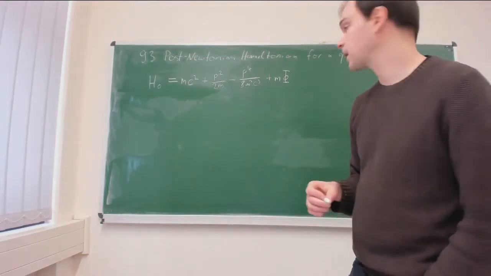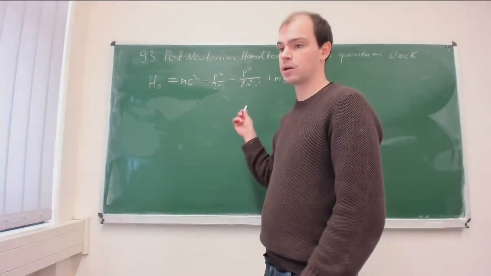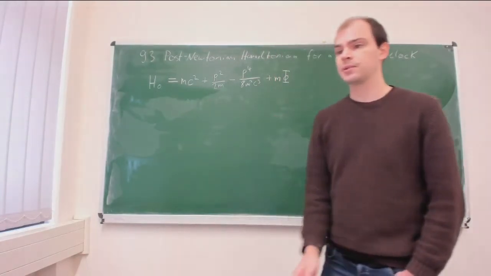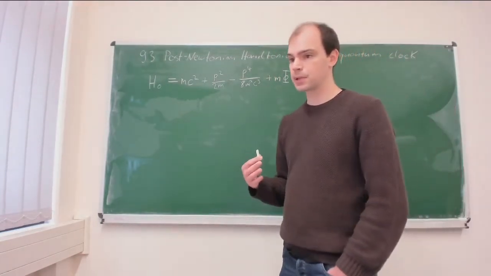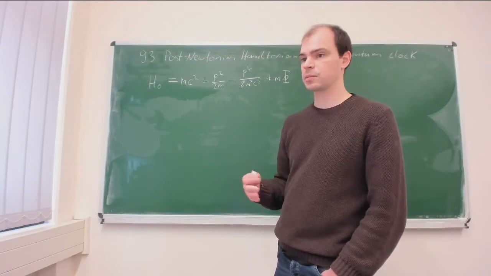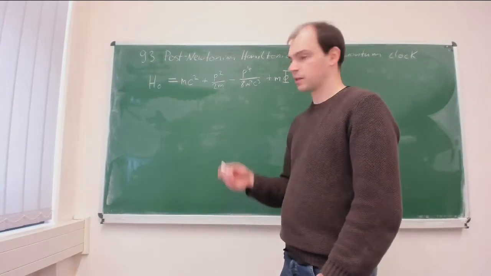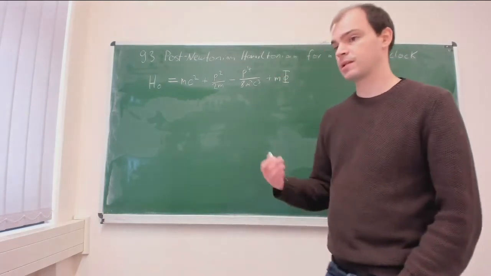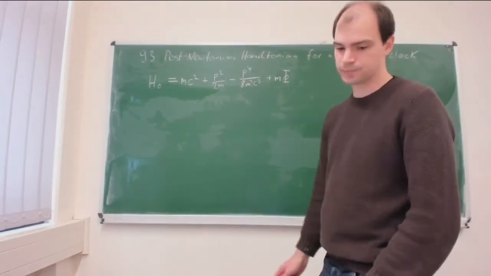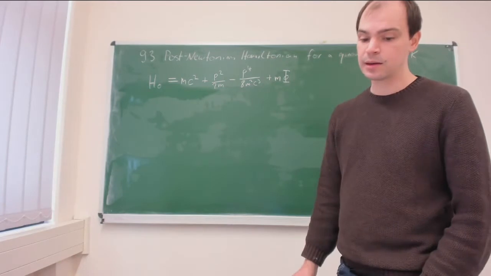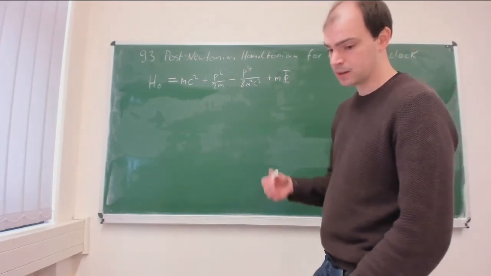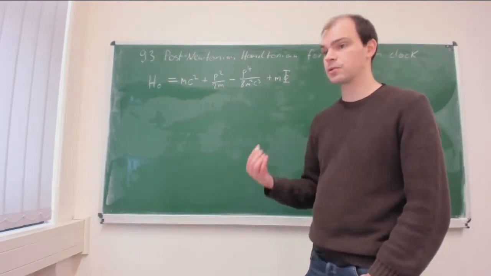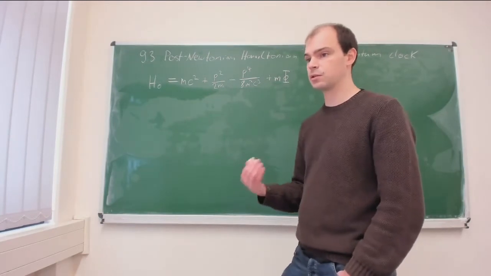And now the question is, how can we use this Hamiltonian if we want to describe a clock? So we want to describe some system that is not just a point mass, not just a point particle, but it has some internal degree of freedom. And what we expect is, the internal degree of freedom means it has some internal energy.